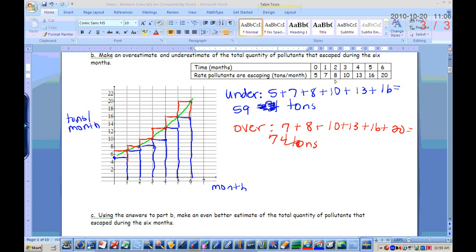Also, if you look at your table up here, because the rate of the amount of pollutants is increasing, when I made my underestimate, I used all of the values in the table except the last y value. But for my overestimate, I skipped the first value and then used the rest of them. So there's a pattern going on there. Riley?